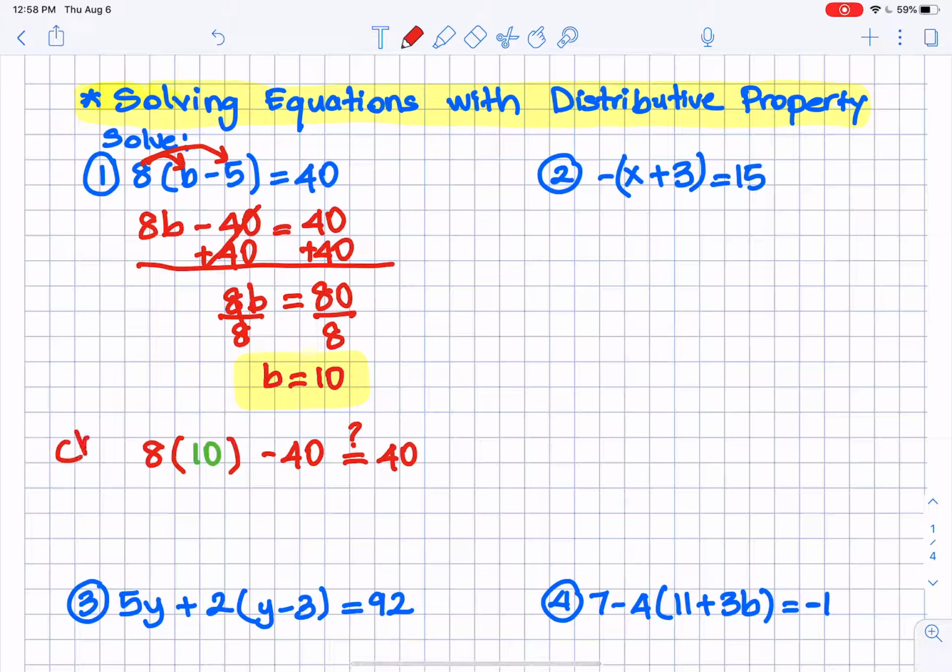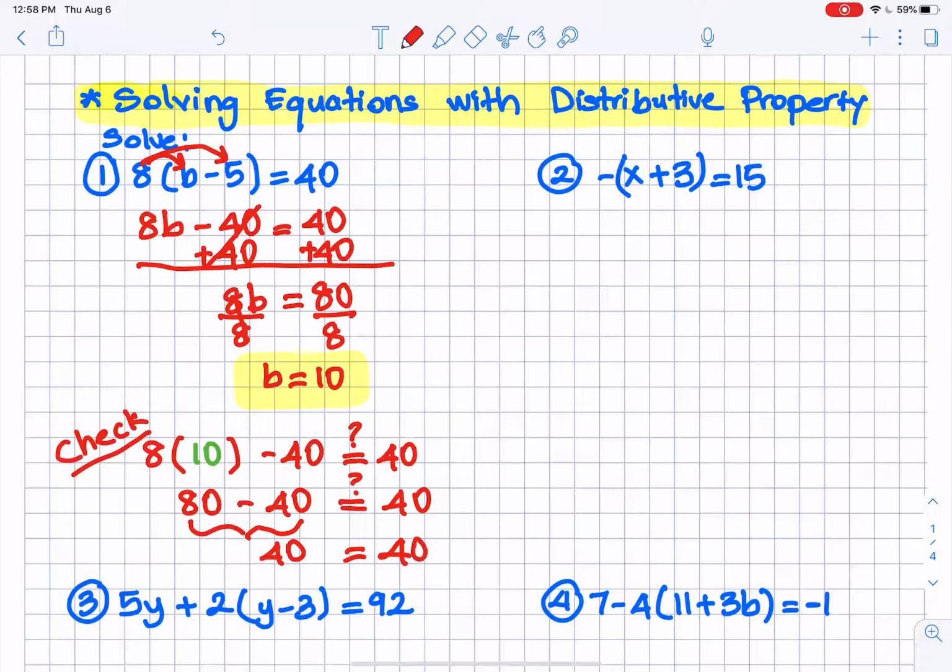So we are checking our answer here. 8 times 10 will give us 80 minus 40, is it 40? And the left side of the equation will give us 40, then yes. So we got the answer right.